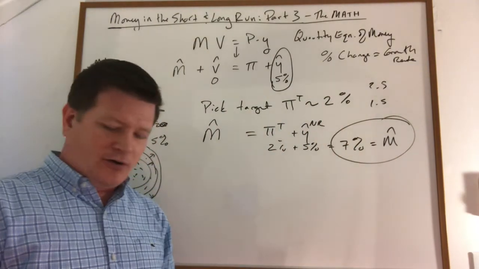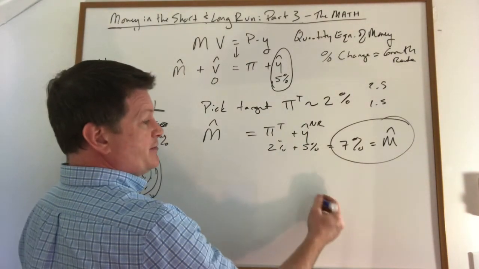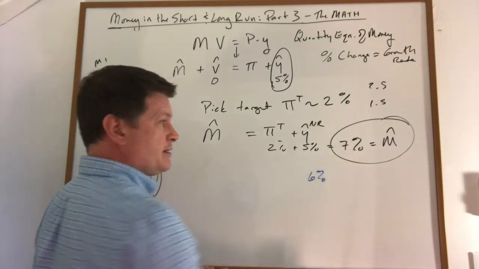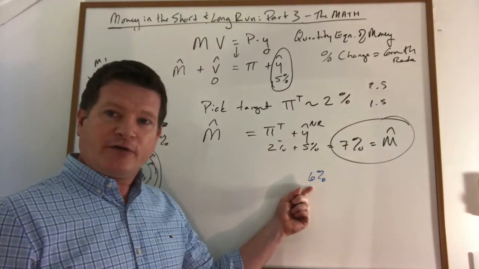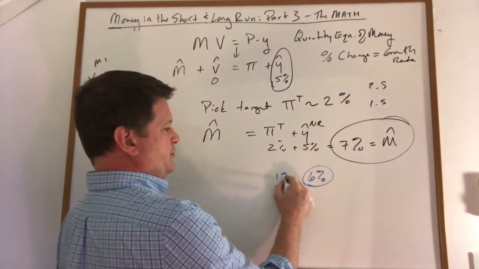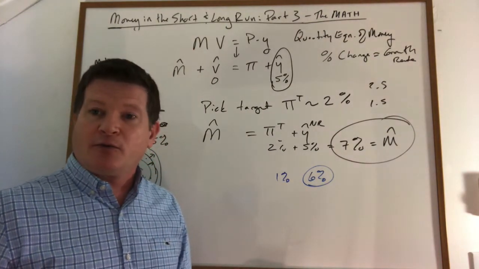So think about it. Over the year, if GDP happened to be a little bit higher, maybe GDP growth was 6%. You didn't print too little money and choke off growth. You only got 1% inflation instead of 2%. Not the end of the world.